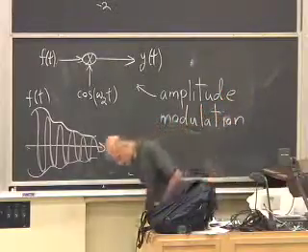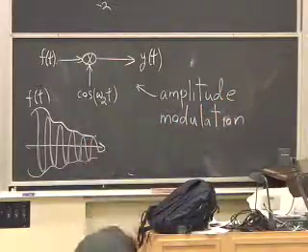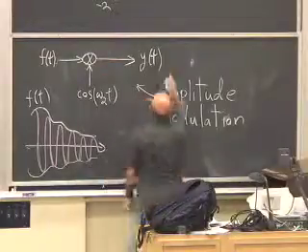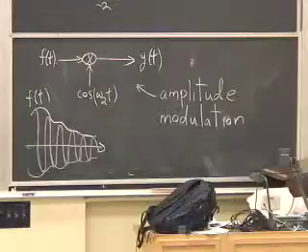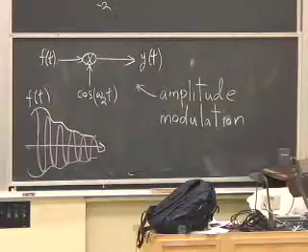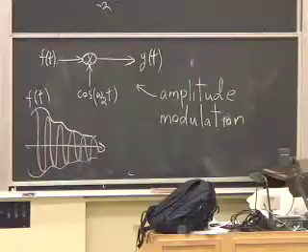So in the example with the superposition of two cosines, the two cosines were very close to each other in frequency, and they were superimposed. And using the trigonometric identity, we wrote it in terms of a modulation expression, the product of two signals.